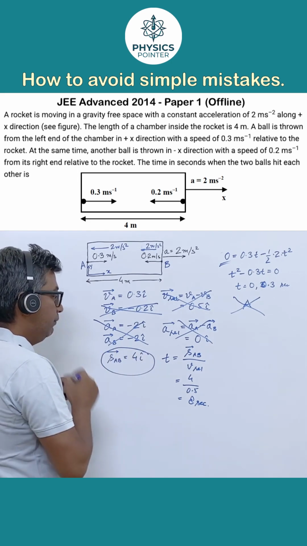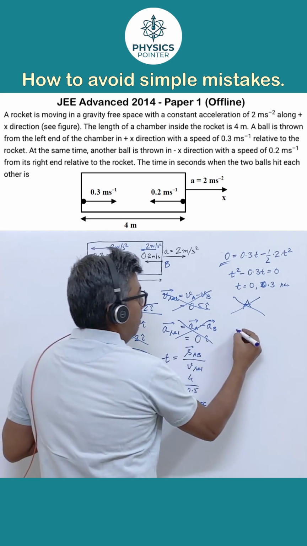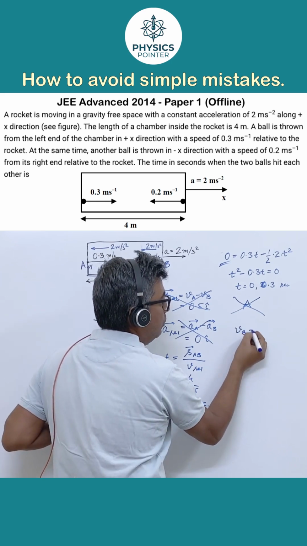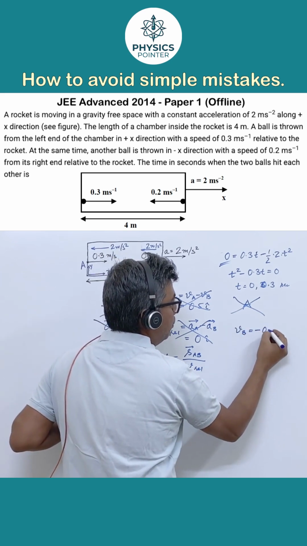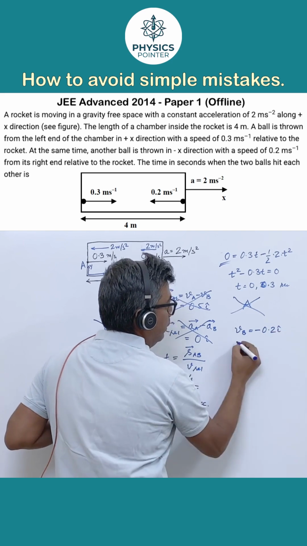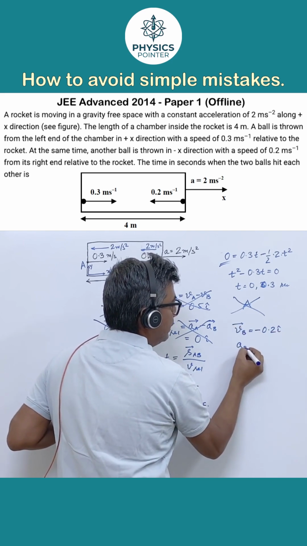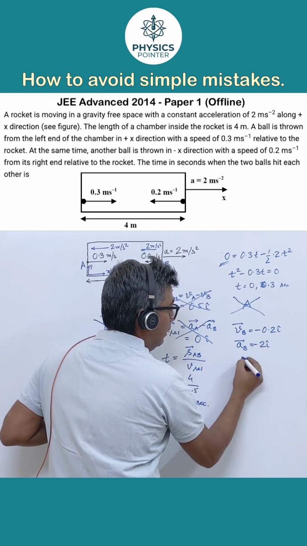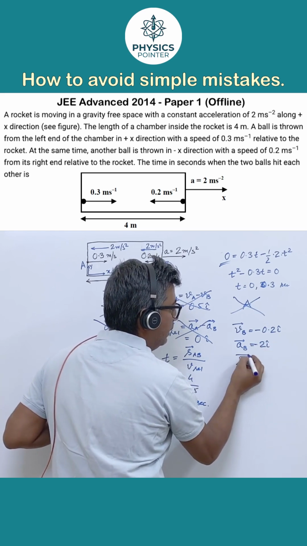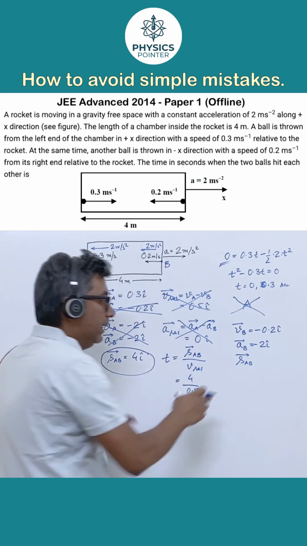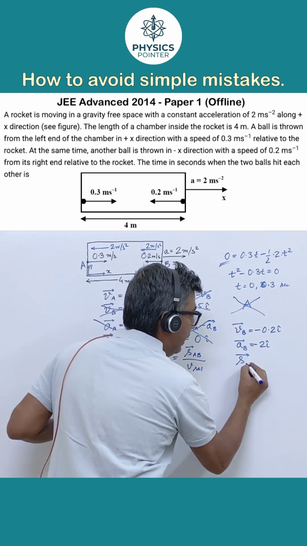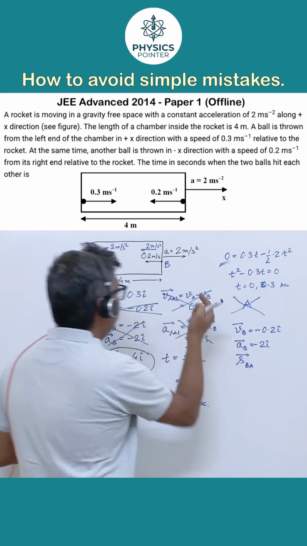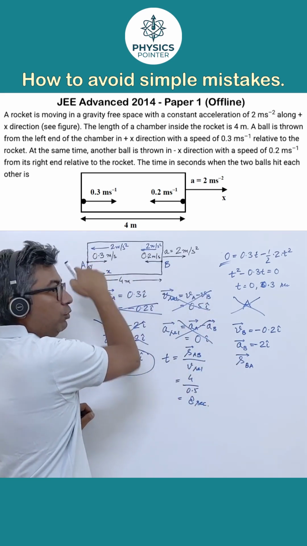Okay. Now if you think from this perspective, my VB is equal to minus 0.2 I. What is the acceleration? It is equal to minus of 2I. Now, what will be SAB? Now, it will not be SAB, it will be S of BA, because only B is moving from this point towards it.